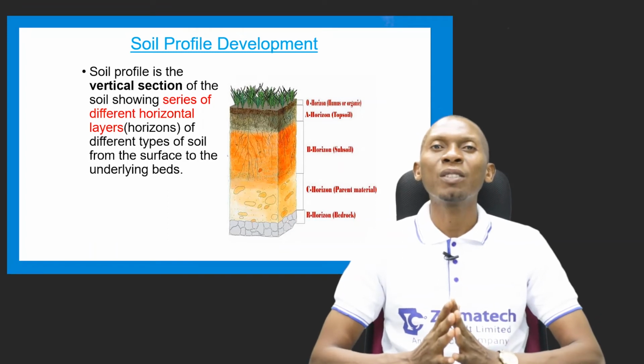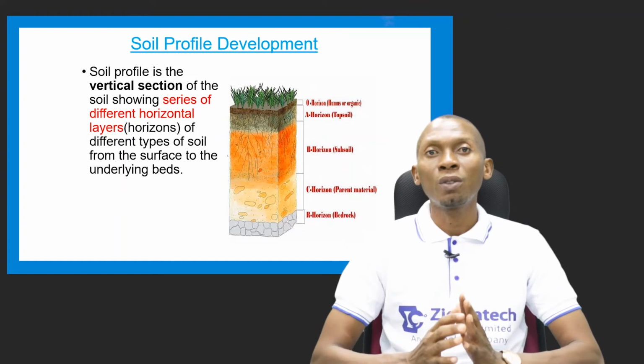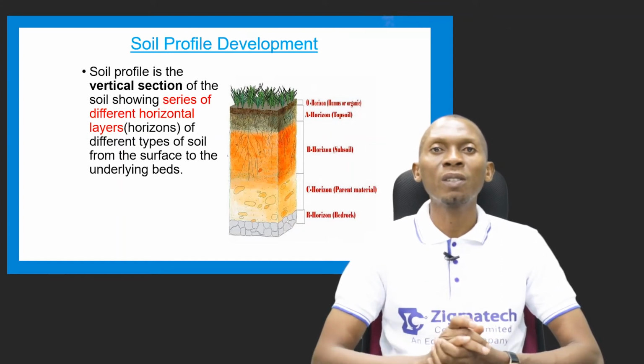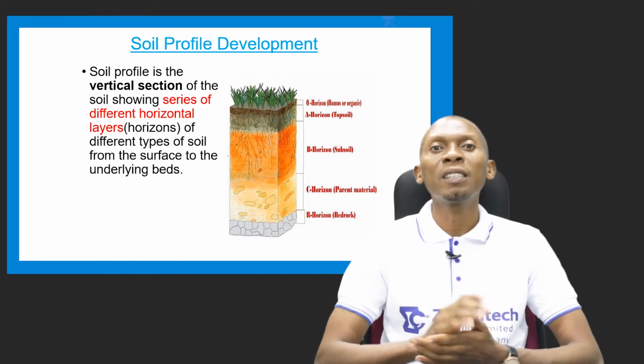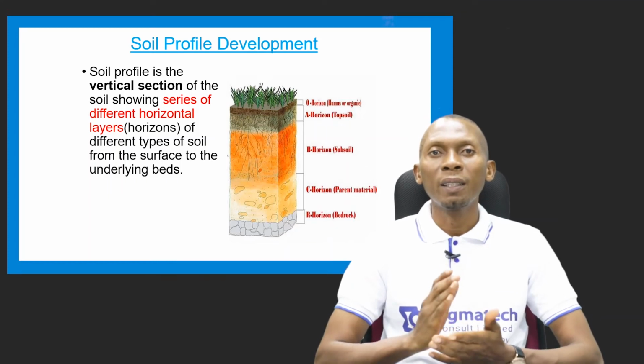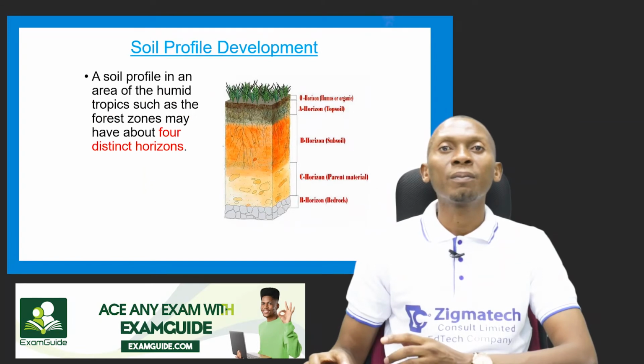Vertical means from top to bottom. So you can see it shows the different horizons or horizontal layers of different types of soil. So that's what the soil profile is.